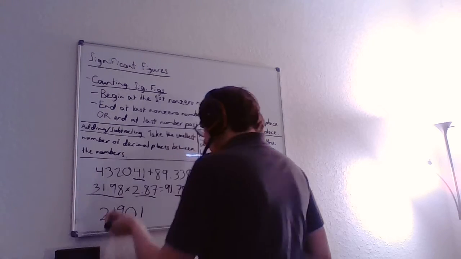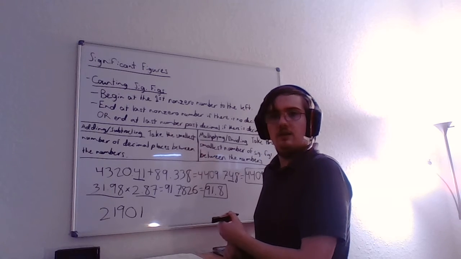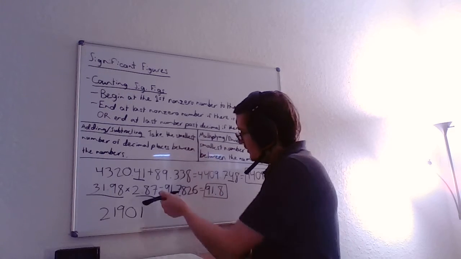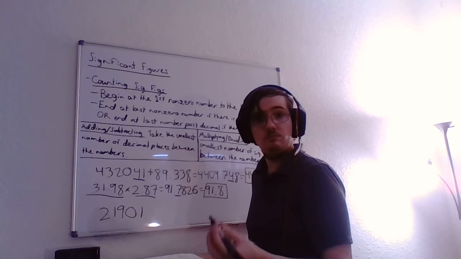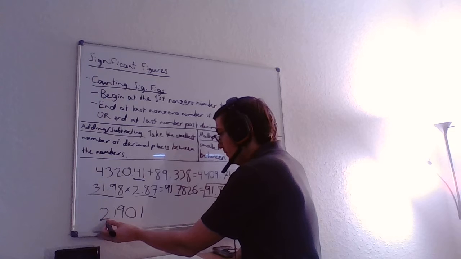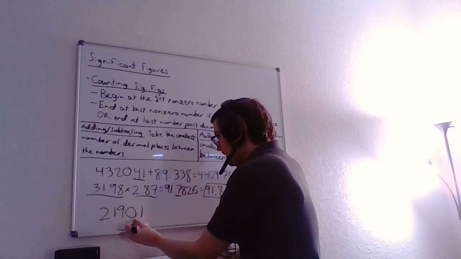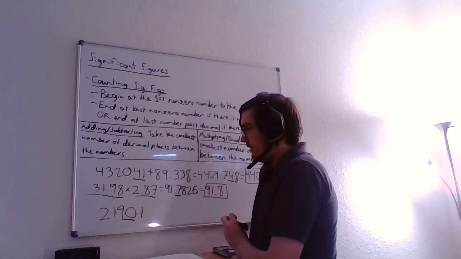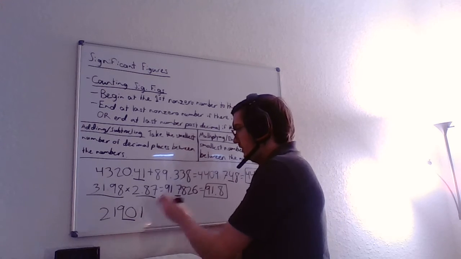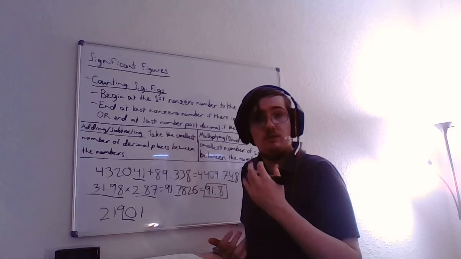Okay, so we have 21901, and let's say we're told to round this to 4 significant figures. We start at the first number, that 2 right there. We go back to the 4th number, that's the 0. So that 0 is our last significant figure. And then the number right after that is a 1, because that's less than 5, we don't round it.